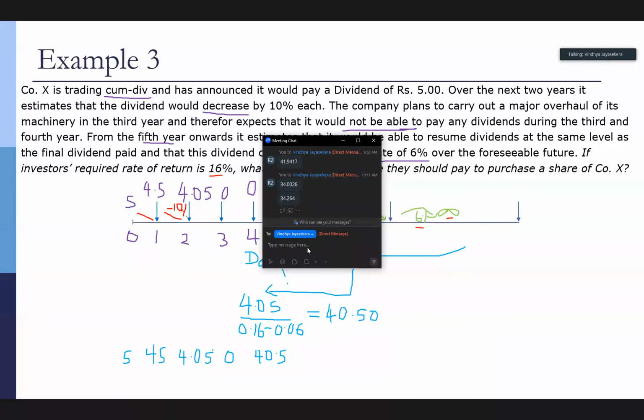Pravindu, you're still partially there. Oh, nice, correct. So now what do you have to do? You have to discount these cash flows and add it.